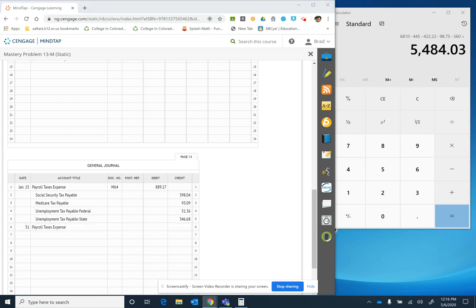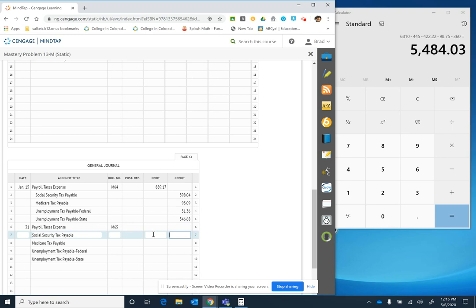Then we're going to have our Social Security tax payable, our Medicare tax payable, our unemployment tax payable for federal, and our unemployment tax payable for state. And our memorandum for this is going to be M65, or Memorandum 65.